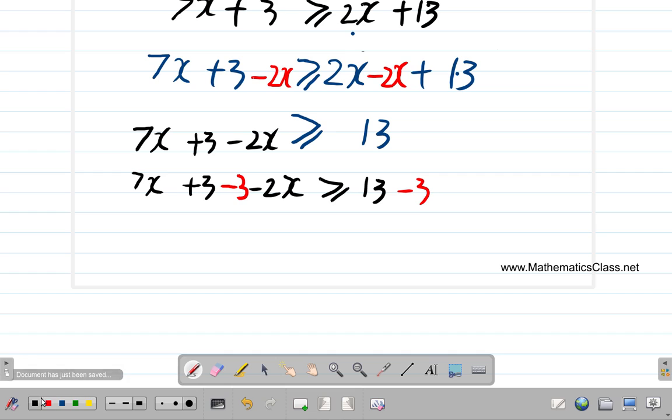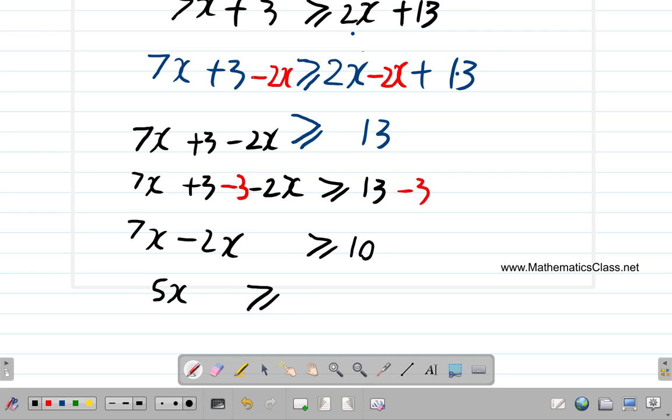Now, here, 3 minus 3 is 0. So I have 7x minus 2x greater than or equal to 13 minus 3 is 10. So 7 minus 2 is what? 7x minus 2x. You have 7x's and take 2x's away, you're left with 5x greater than or equal to 10.